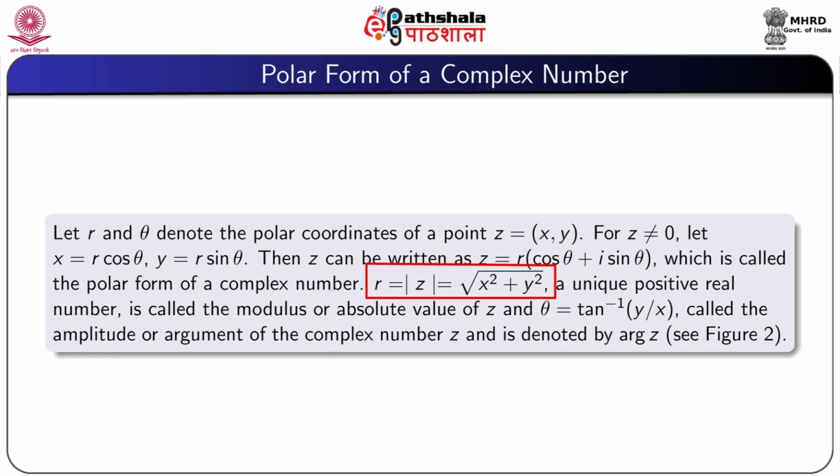Here r is equal to modulus z, equal to root over x square plus y square, a unique positive real number called the modulus or absolute value of z, and theta is equal to tan inverse y by x and is called the amplitude or argument of the complex number z and is denoted by small arg z, and for this see figure 1.2.